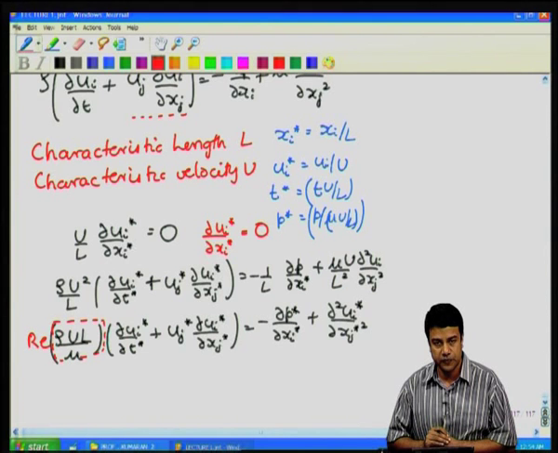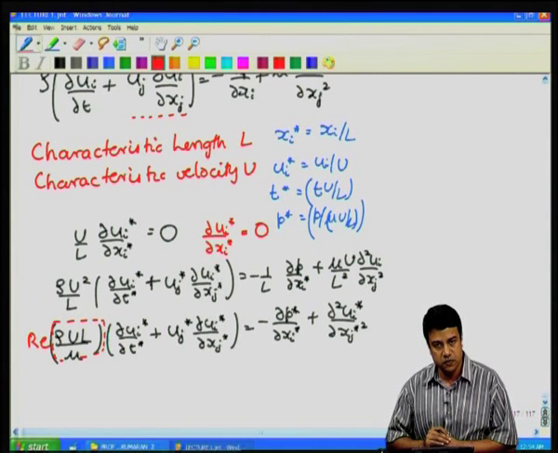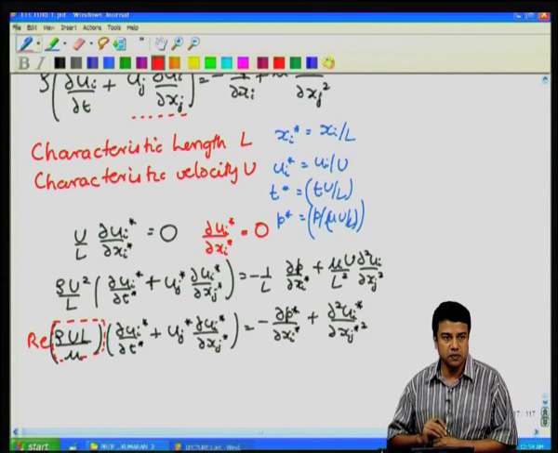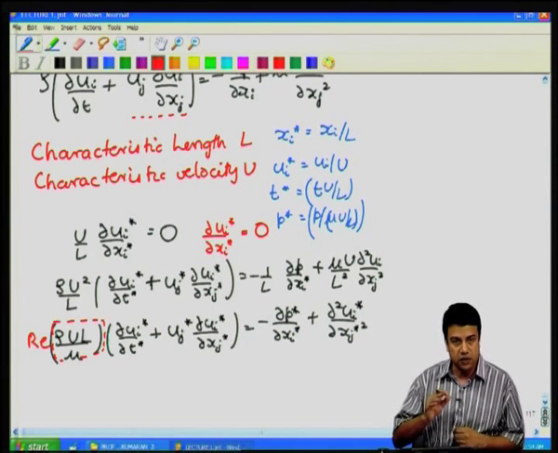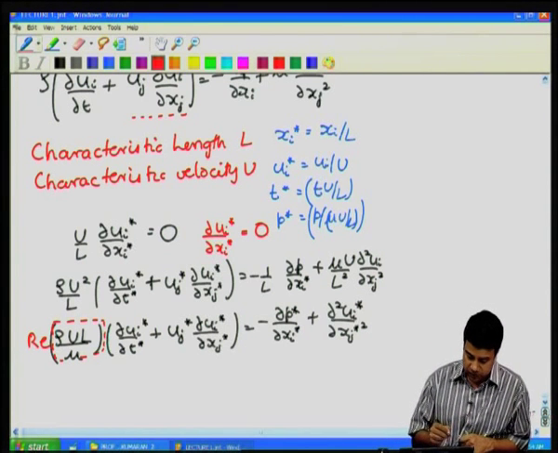On the other hand, if I choose to scale it by the inertial terms, if I divide throughout by rho u square by L, this you would do when you expect the inertial forces to be the dominant forces. If you expect the inertial forces to dominate, the viscous forces to be negligible, then you would scale by the inertial terms in the conservation equation.